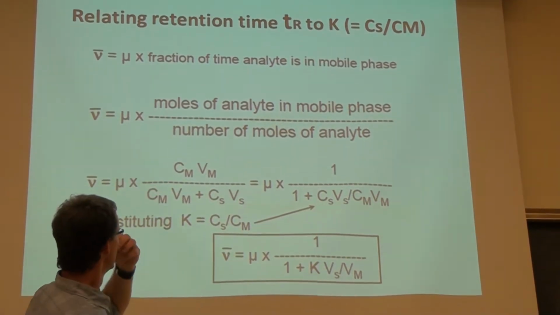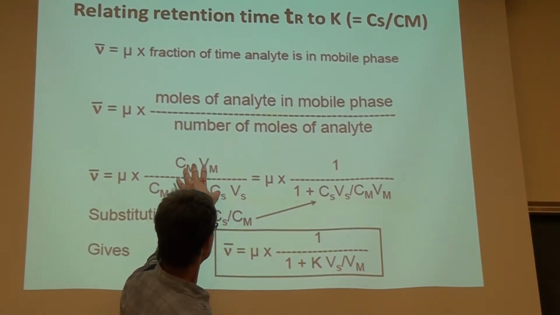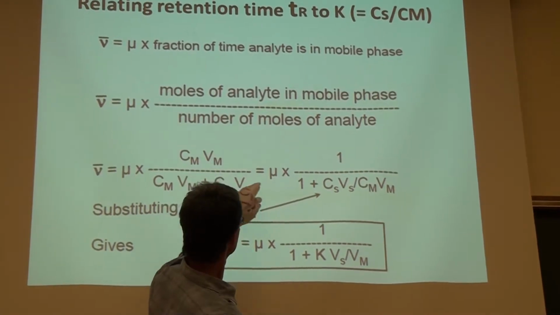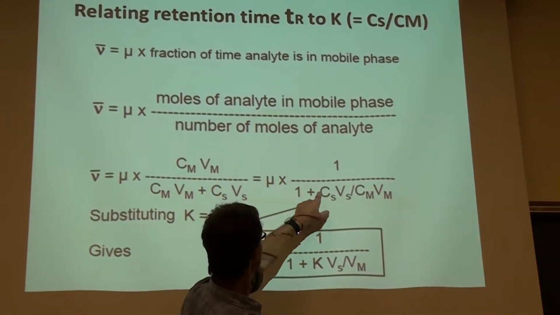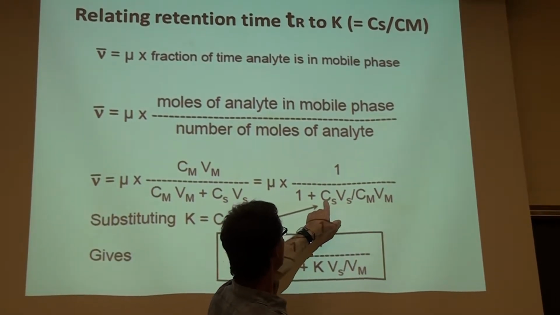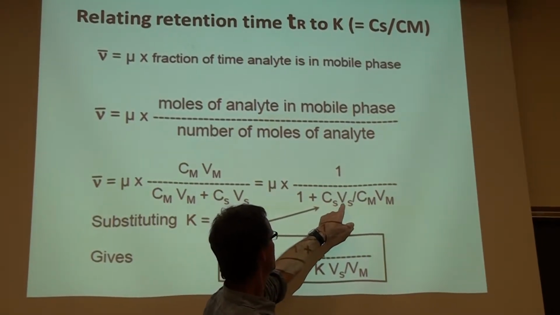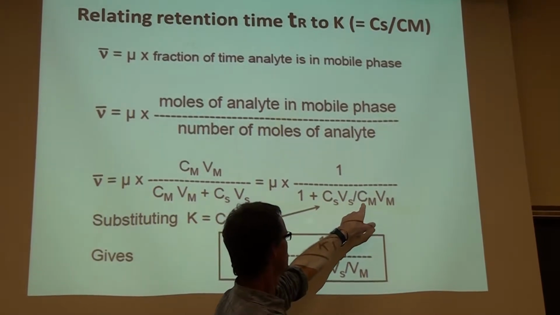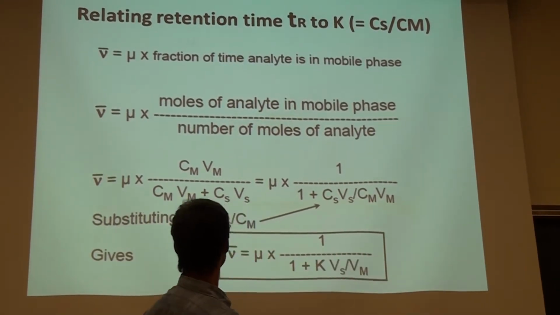That makes sense, right? So knowing that, I can simplify this. This gets reduced to this when I combine these terms, and I essentially know the ratio of the concentration in the stationary phase times the volume to the concentration of the mobile phase times the volume.